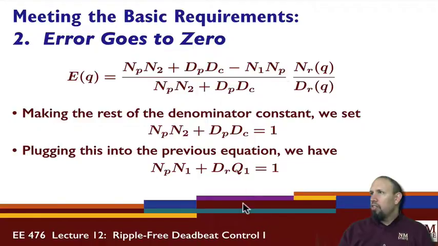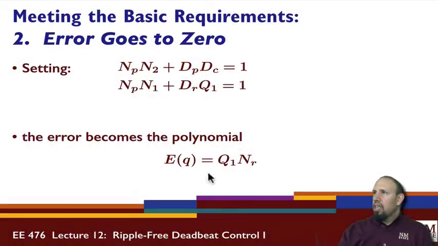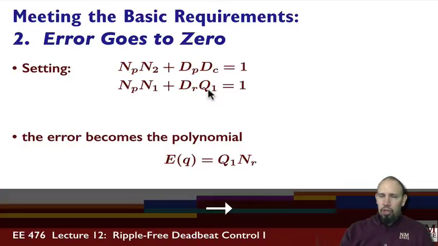I'm just left with q1 times nr, and that's just a polynomial. Cool, that's what we were looking for. And in order to do that, we require that our controller polynomials, n1, n2, and dc, satisfy these two equations for some other polynomial q1. Okay, so that's what we need to do.